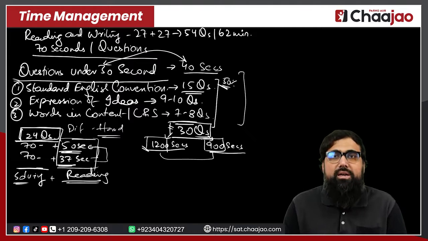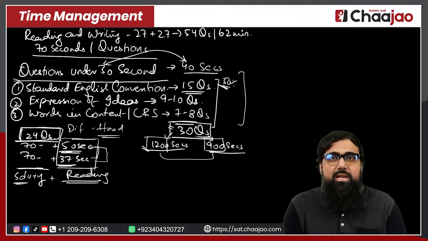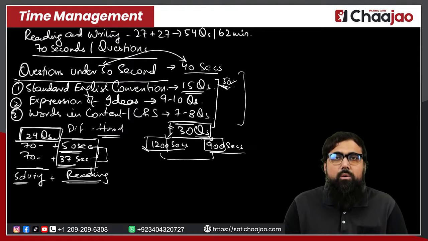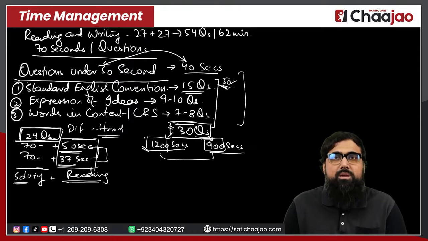You will get a higher score because when you invest more time on the lengthy questions, chances are that you will get them right. And when you go prepared for these 3 types of questions and you solve them in less time, chances are that you understood them. That is why you are taking less time to solve them.